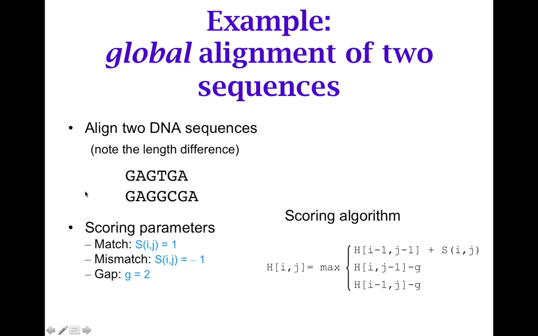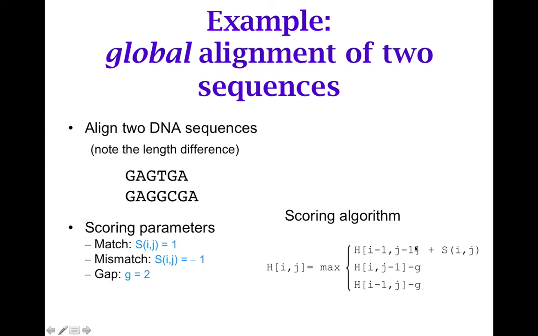We take two sequences, and we have our scoring parameters here. In this case we consider DNA, with a simple scoring scheme: 1 for a match, minus 1 for a mismatch, and a gap penalty of 2. And here is the scoring function for the algorithm.